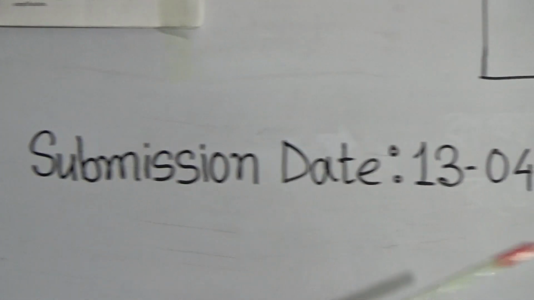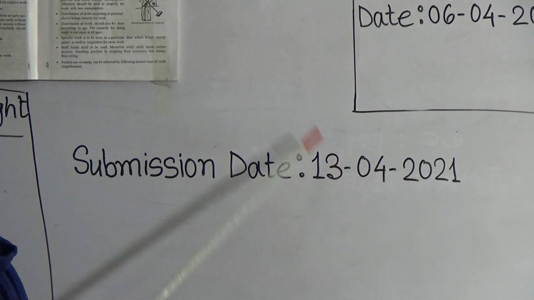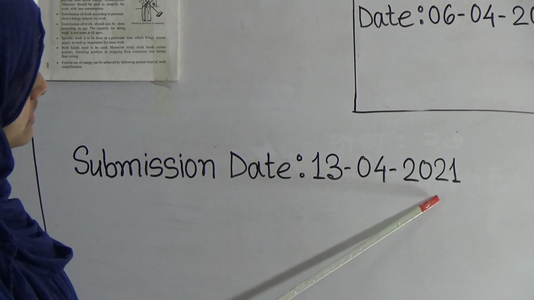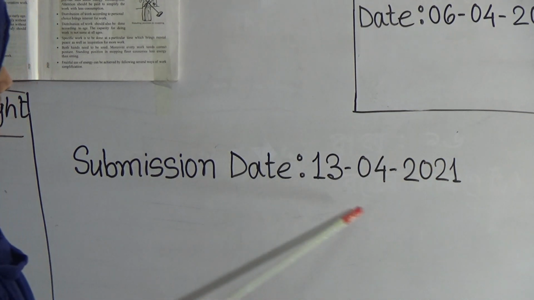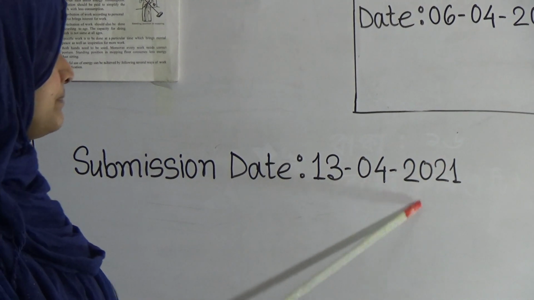Here I have written the submission date. The submission date of your first assignment of home science, our third week assignment, is 13th April 2021. I'm repeating, the submission date is 13th April 2021.